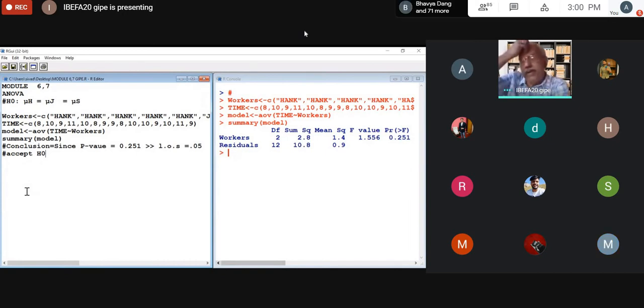How to perform it? That is what the algorithm on the screen. Type the 3 workers: Hank 5 times because 5 observations, Joseph 5 times, Susan 5 times. Time data are typing work because here the data is small.